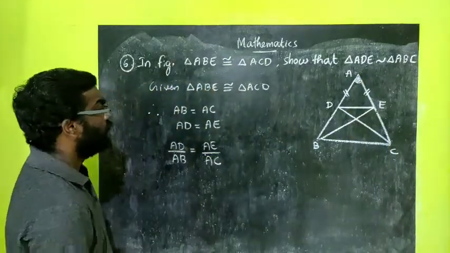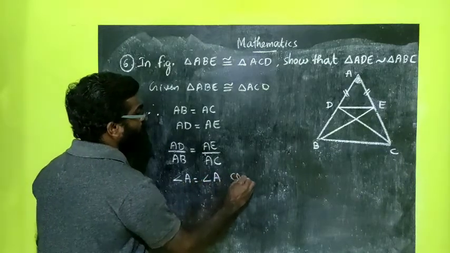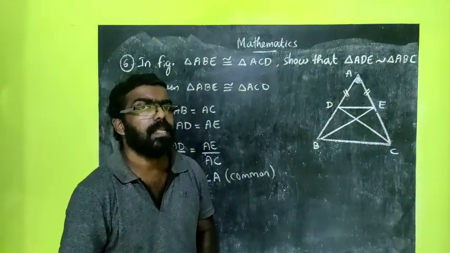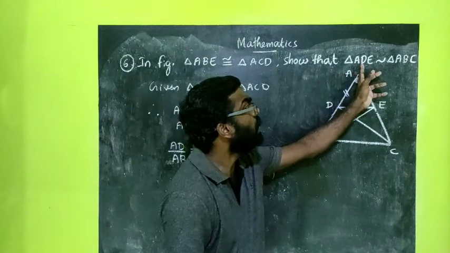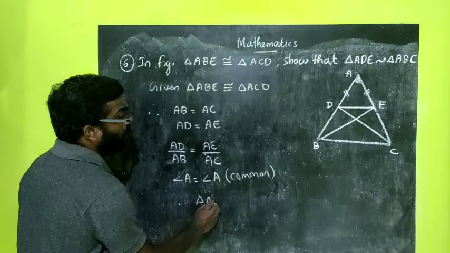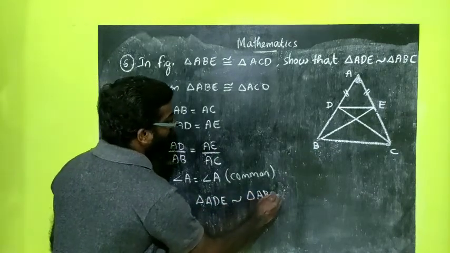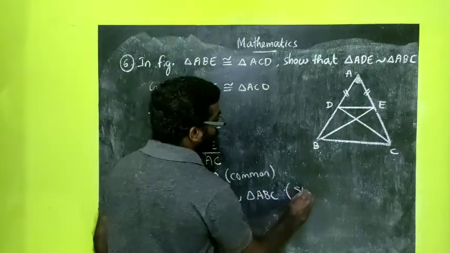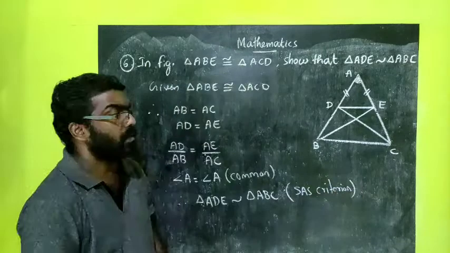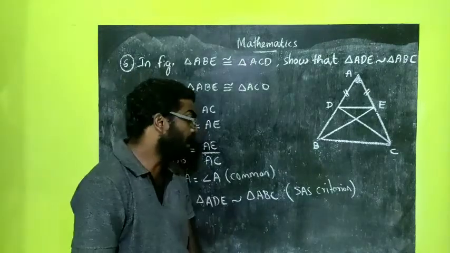So angle A is equal to angle A common. So by SAS similarity criterion, triangle ADE is similar to triangle ABC. Therefore, we can conclude triangle ADE is similar to triangle ABC.